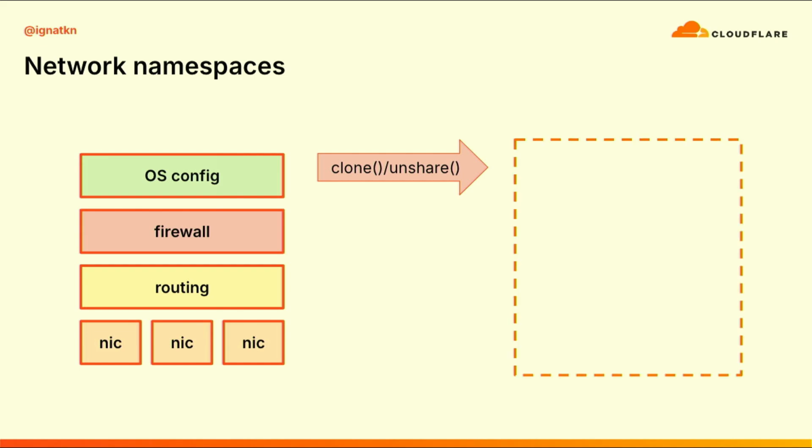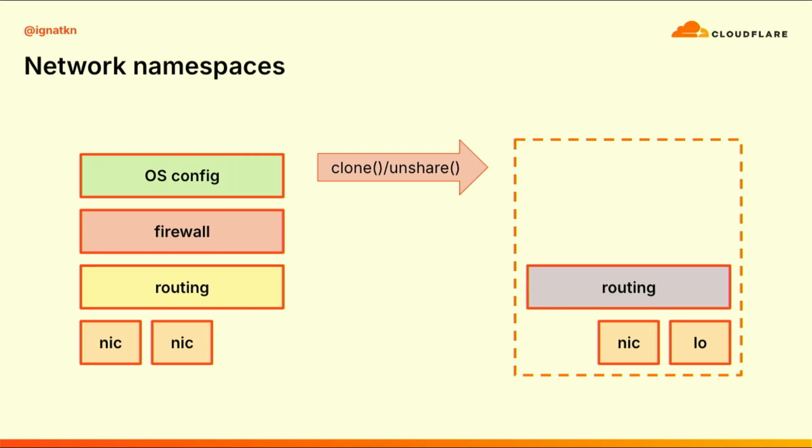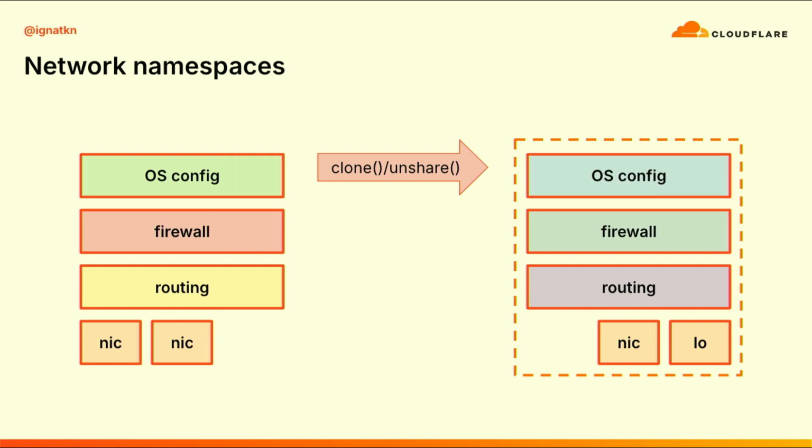Well, you get literally nothing. Well, not nothing: you get a dedicated network namespace with a localhost interface. But what can you do now? You can move NICs to this new network namespace, and in this network namespace you can have your own routing configuration, your own firewall configuration, and your own separate operating system configuration.